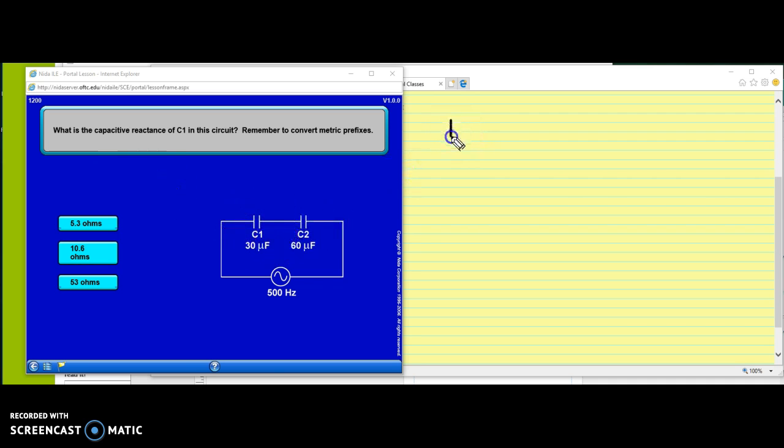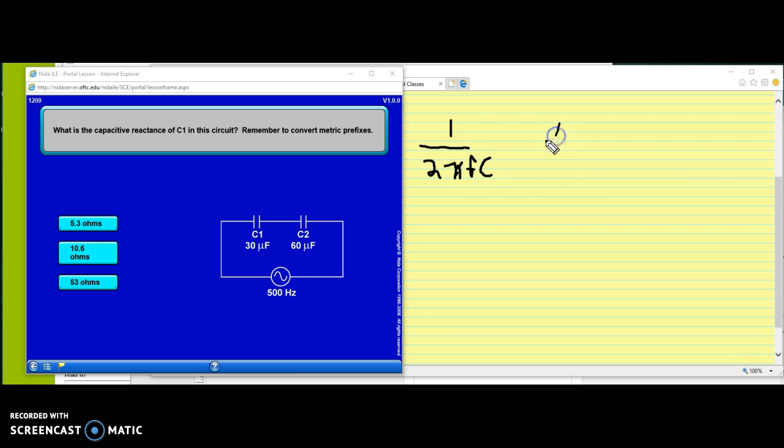So we know the formula is 1 over 2 times pi F C. I'm using my mouse and it's a little more painful for this, so I'll switch back to the pen in a minute. So we got that formula right here in front of us, so basically it's just a matter of filling in the blanks. Now remember, we're going to have to do the math on this capacitance because our frequency is in hertz.